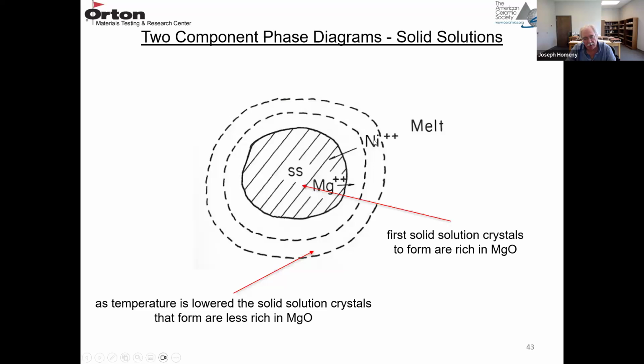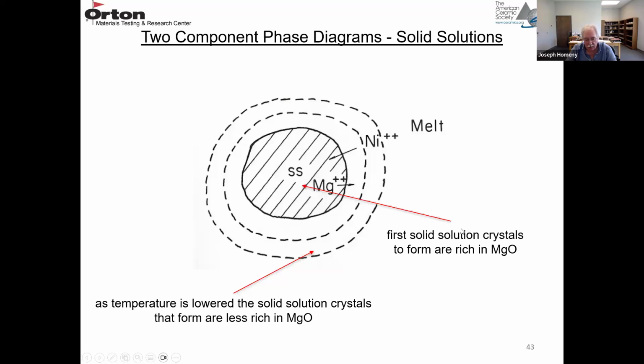So what has to happen is nickel has to diffuse into these first crystals that are MgO rich, and then the Mg has to diffuse out and into the regions that are richer in nickel. So if it's cooled rapidly, you're not going to be at equilibrium. You're going to have regions of solid solutions that are at different ratios of MgO and NiO.